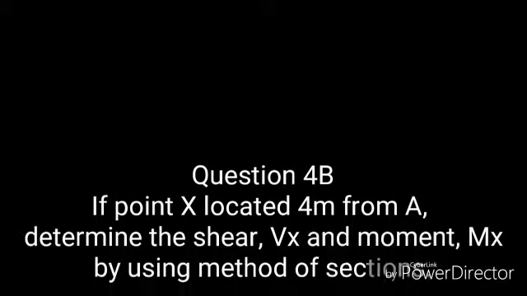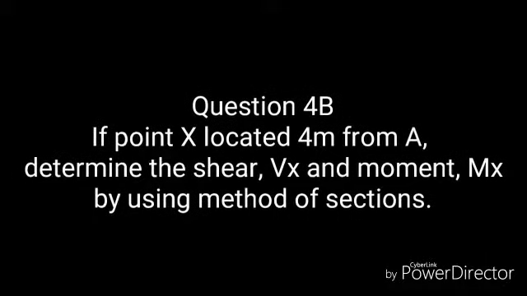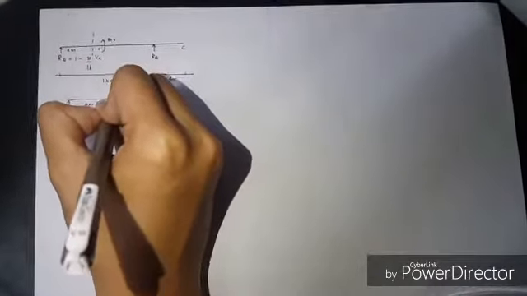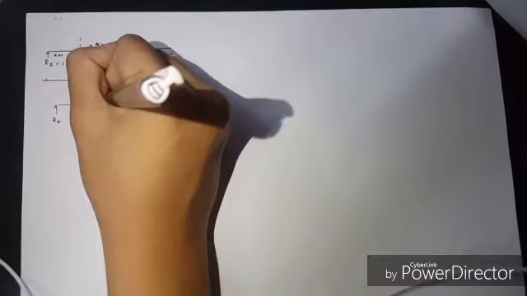For question B, if point X is located 4 meter from A, determine the shear Vx and moment Mx by using method of section. To find Vx, we assume this is RA, 4 meter, and this is Vx and this one Mx.